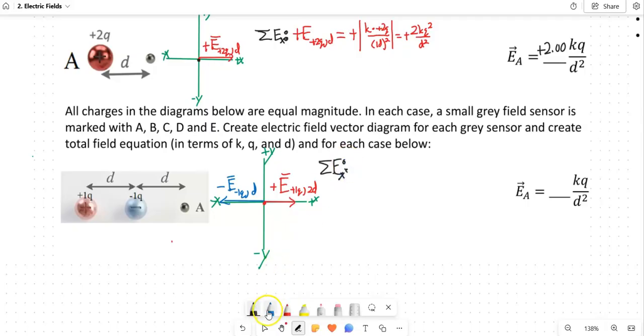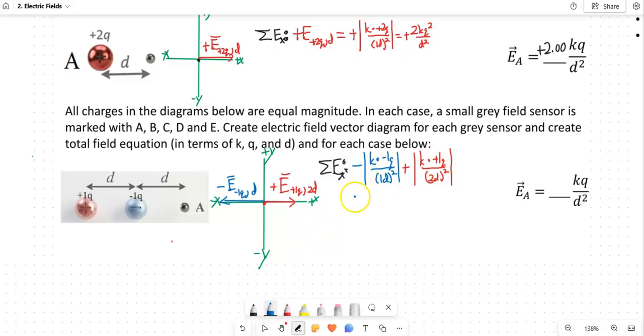Starting on the left, copy that negative in the front, absolute value, K times, I'm just looking at the subscripts, negative 1Q, all over a distance 1D away, squared. This is going to be plus K times a positive 1Q, and this is a distance 2D that we're going to square.